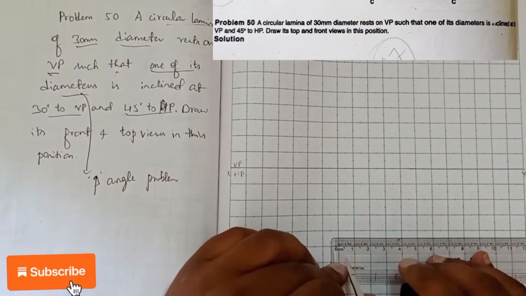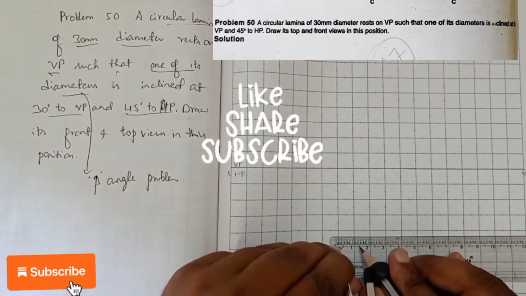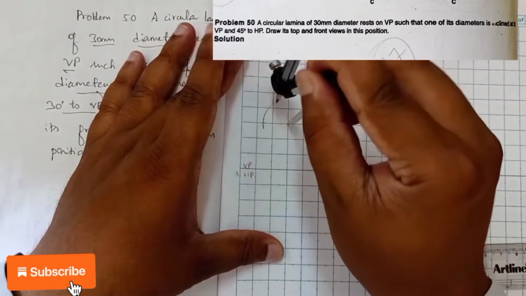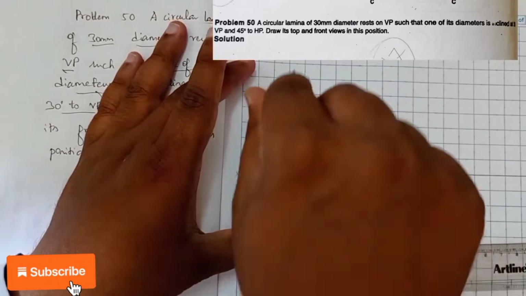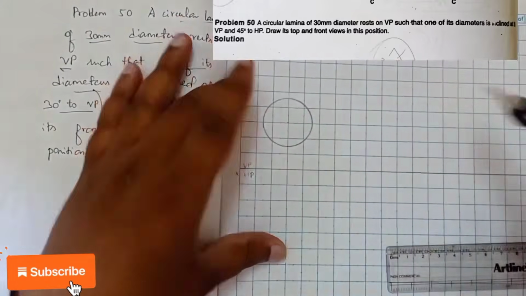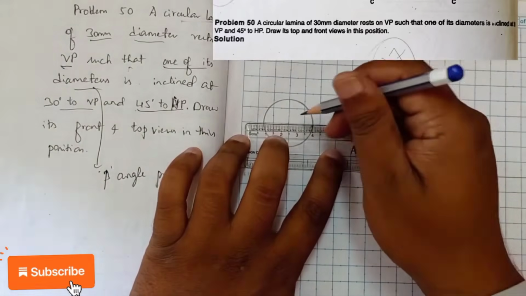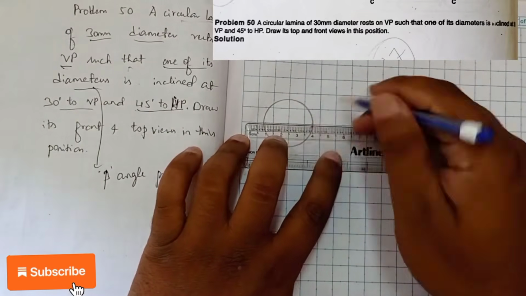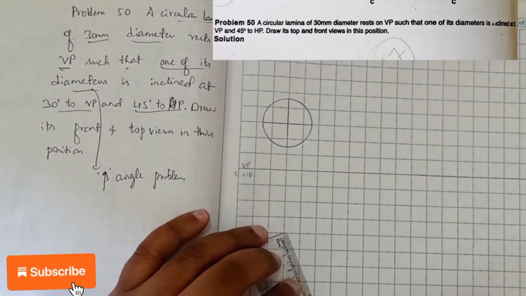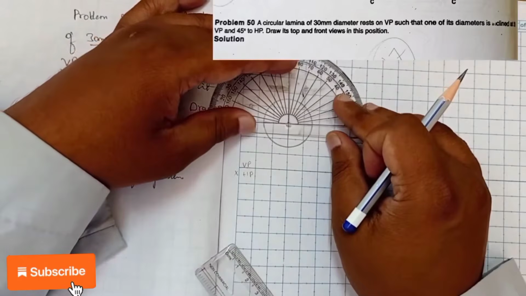Diameter 30 means we have to consider a radius of 15 mm. So we have to divide the circle into 8 equal parts.